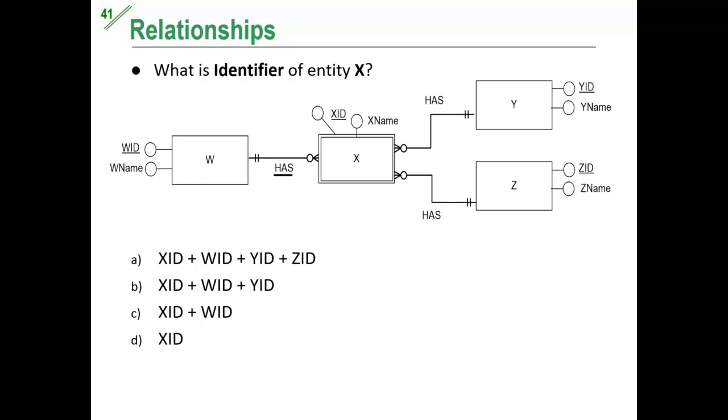X is what? First things first, you need to clarify what kind of entity X is. Is it a strong entity or is it a weak entity? Molly, that's what you need to clarify first. If it is a strong entity, do I need to borrow anything? No. Strong entities are not borrowing anything.